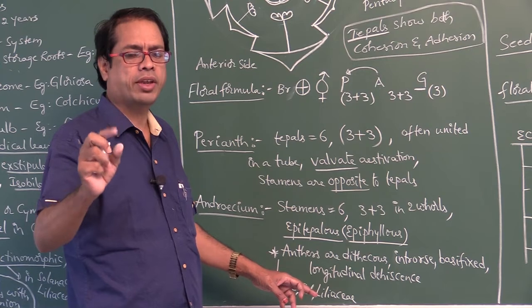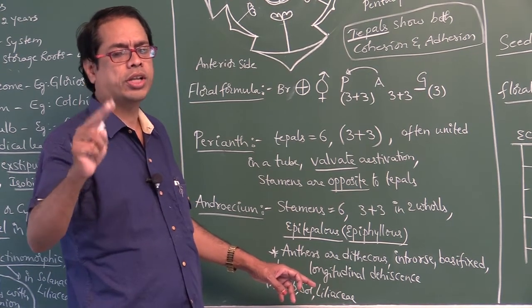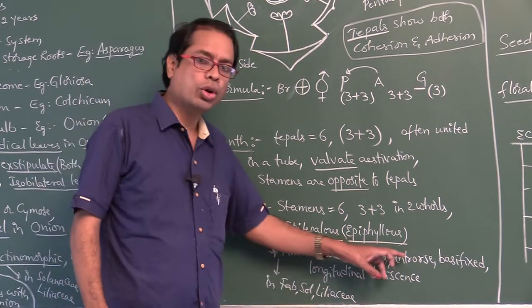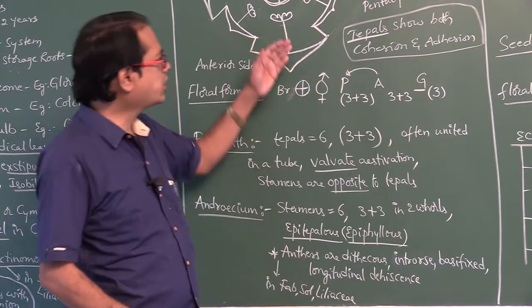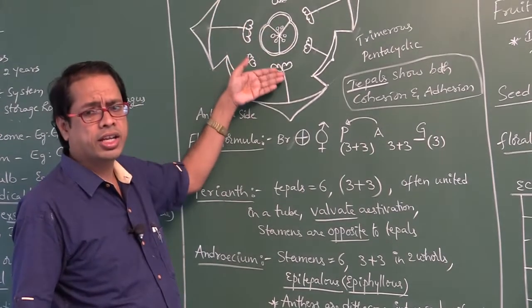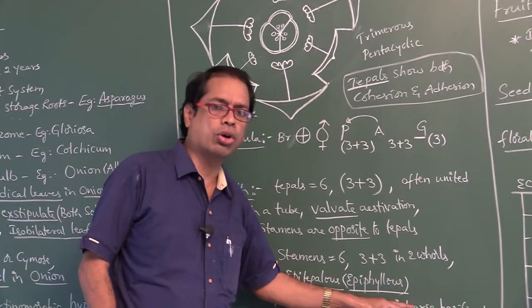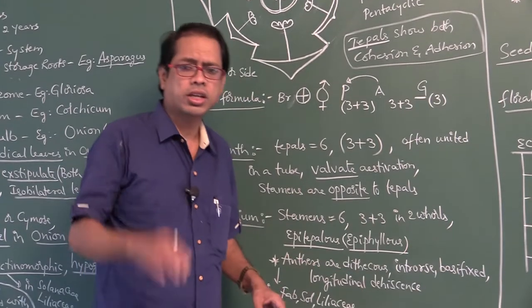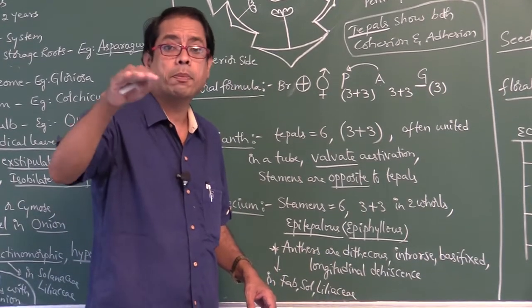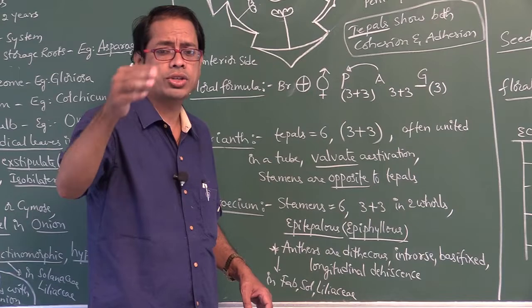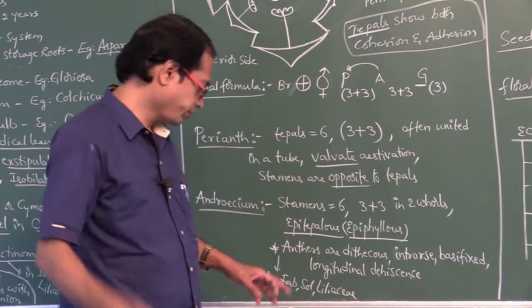If a stamen is having 2 anther lobes, that is so-called dithecous. Introrse means if the dehiscence is towards the inner side, towards the gynoecium, it is so-called introrse. What is basifixed? The filament is attached to the base of the anther, that is so-called basifixed.